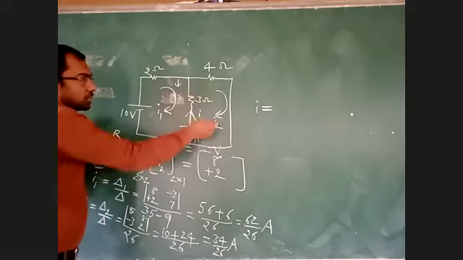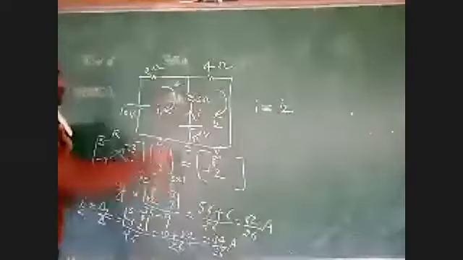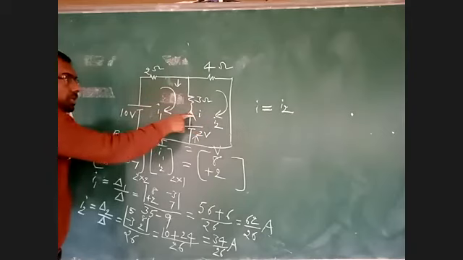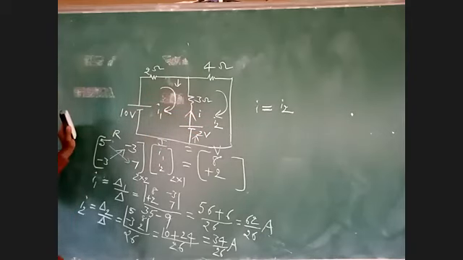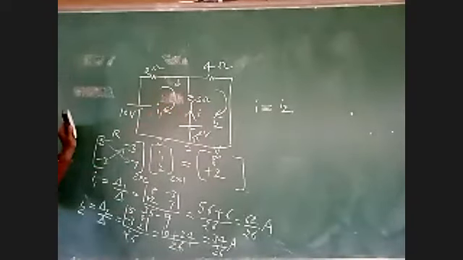So I2 is also upward, that means I2 is positive. I and I2 are in the same direction, but I and I1 are in the opposite direction.